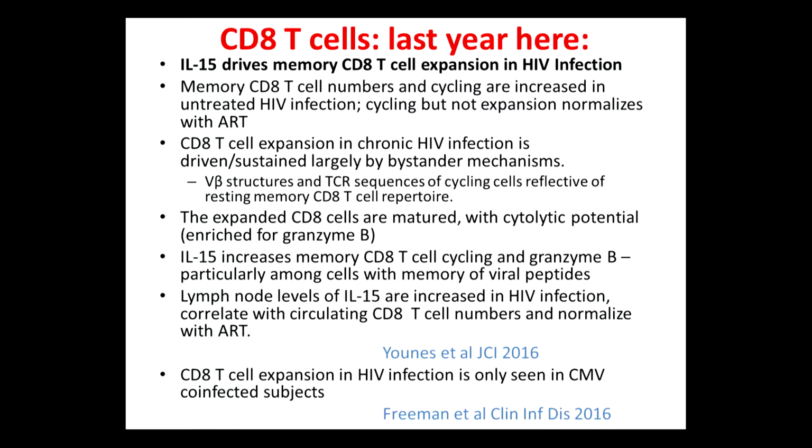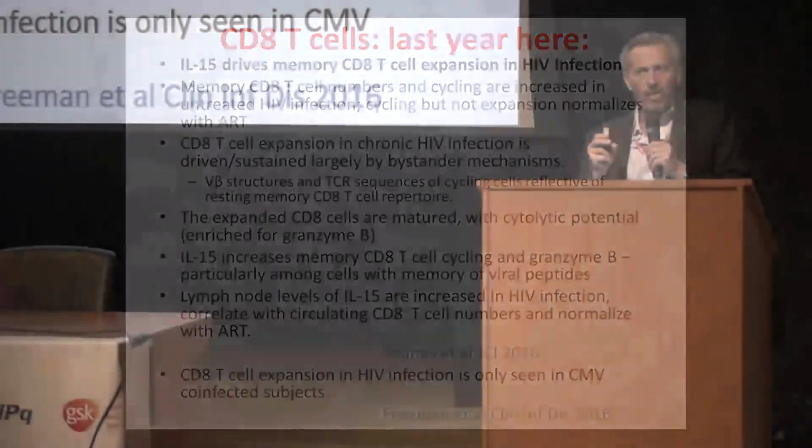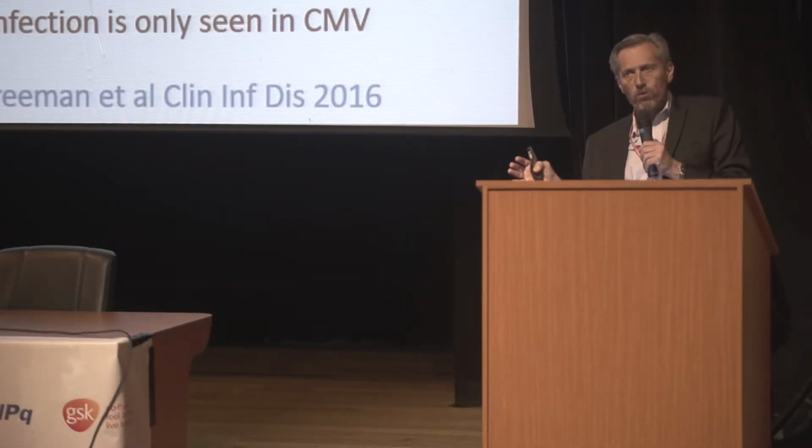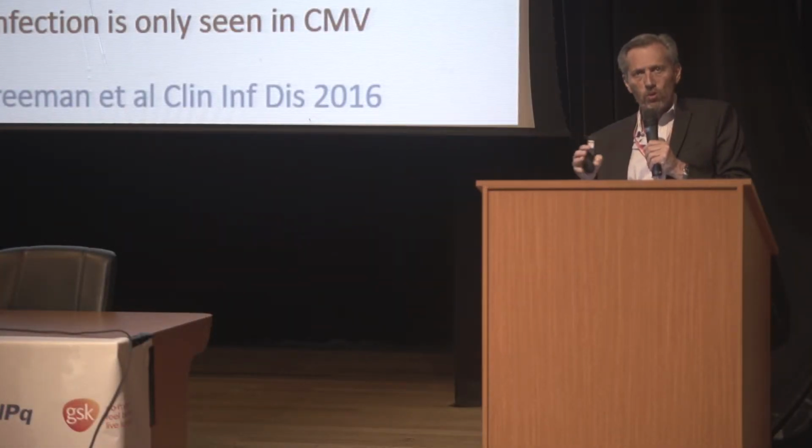And the reason we can conclude that, from the data I showed you last year, was that the structures of the V beta chain of the T cell receptor, as recognized by panels of monoclonal antibodies, were superimposable in the cycling cells and in the non-cycling cells. And the other thing that I showed you last year was that the sequences of the T cell receptors of the cycling CD8 T cells and the non-cycling CD8 T cells, the distribution of those T cell receptor sequences, was also the same.